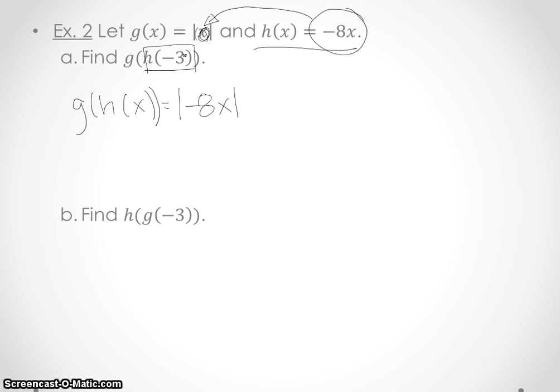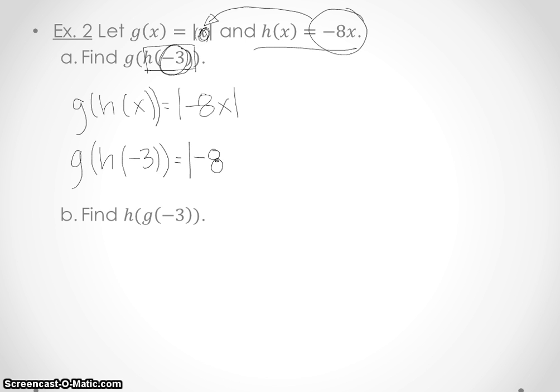All right, but we're not done, because they didn't really care about g of h of x. They cared about g of h of -3. So let's plug in -3 where x is here. So g of h of -3. And of course, if I put -3 over here, I have to put -3 over here too, because I'm putting it in for all the x's.